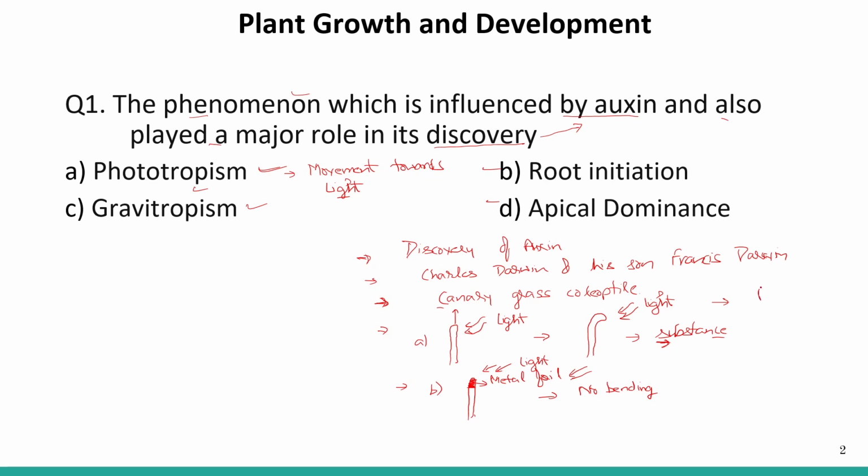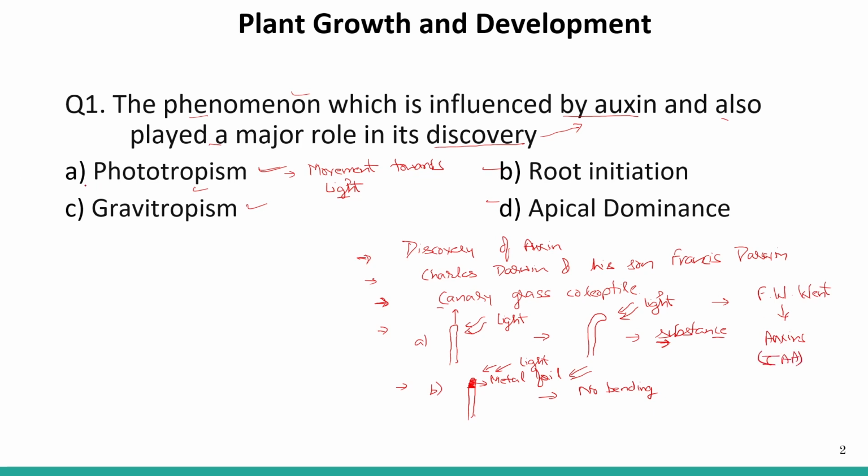Later F.W. Went, working on the Avena coleoptile, isolated auxins, which was IAA, indole acetic acid, a natural auxin.